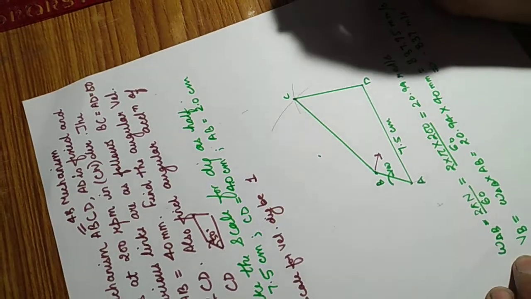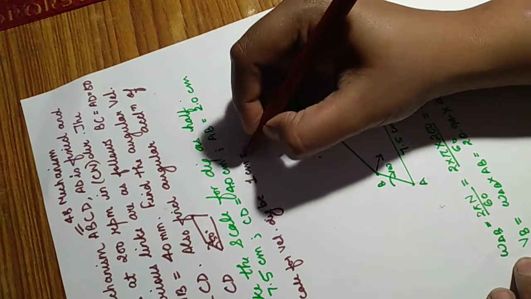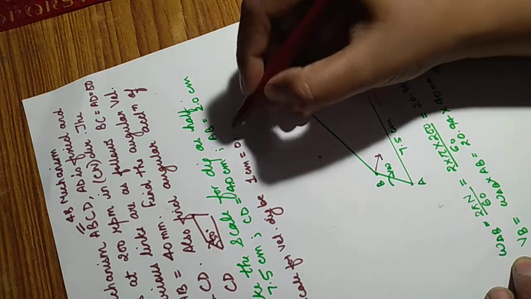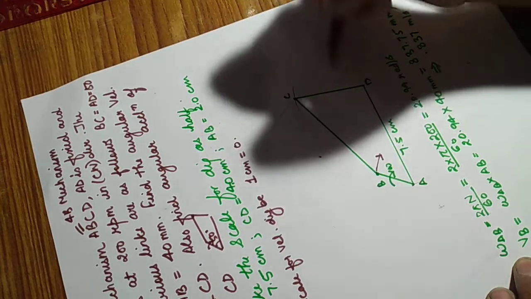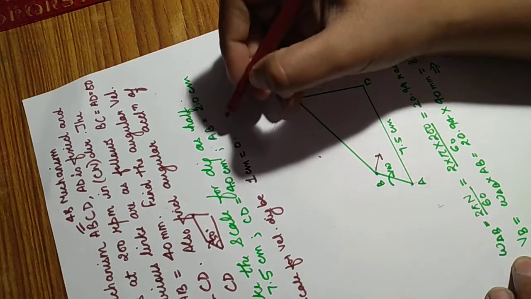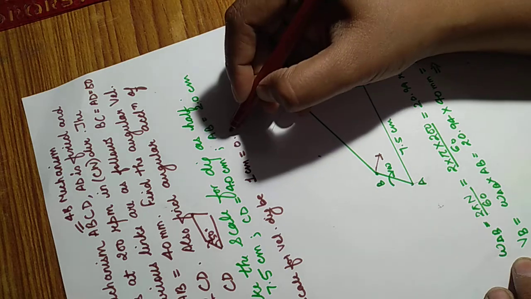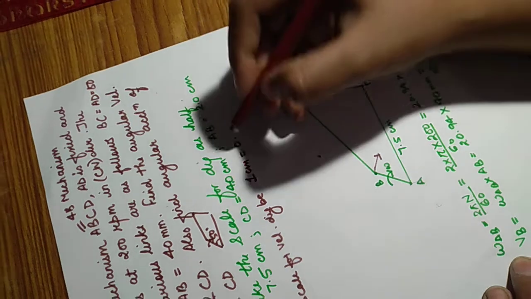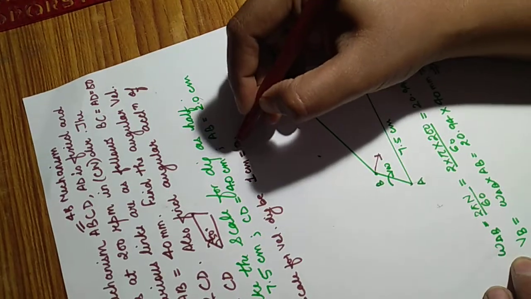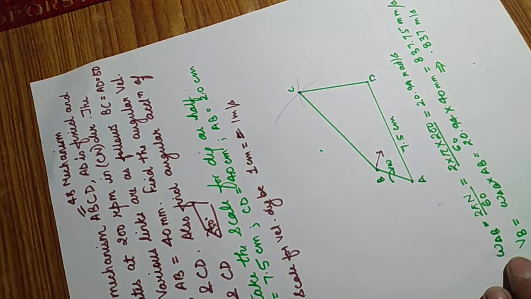So we say that 1 centimeter is equal to... it will be quite big, 0.8, 0.4. Sorry, 0.8, 1 centimeter is equal to 1 meter per second. So we are taking the exact scale, that is 0.8.